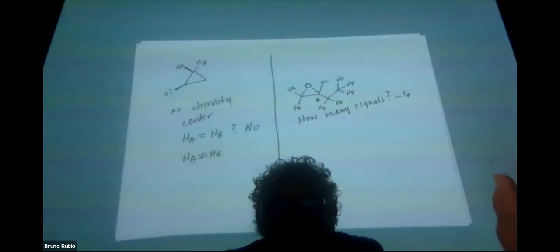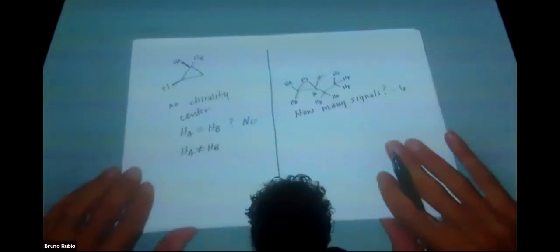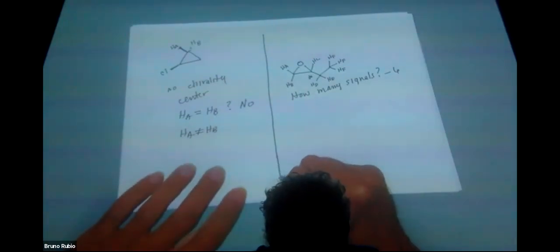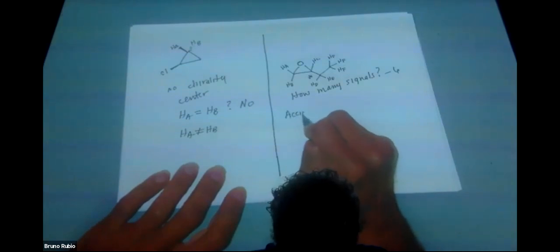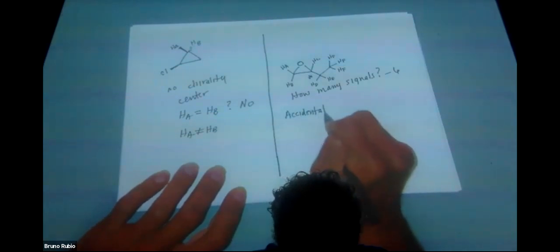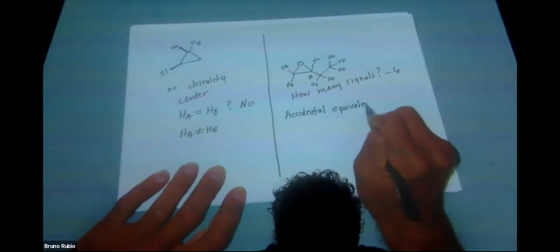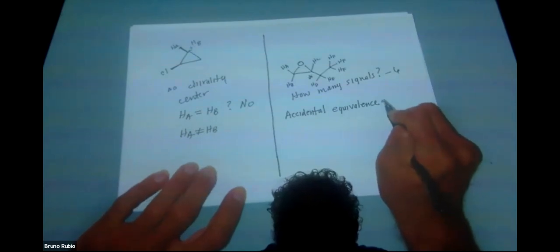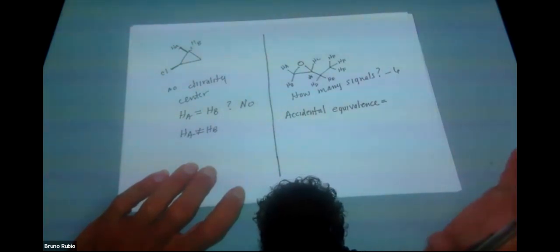Okay, now we have to pile on the complications as if this weren't already complicated enough. But what we need to talk about is accidental equivalence. And this happens. This is just something that we have to be aware of. This is not something that you can look at the structure of the molecule and predict.